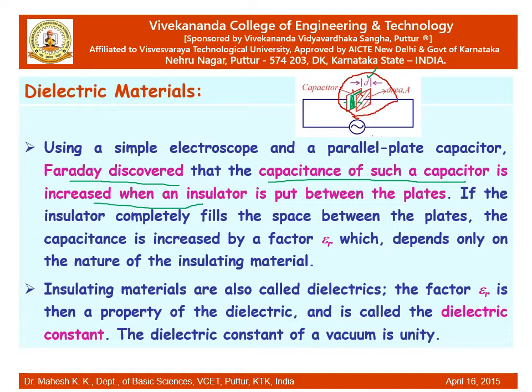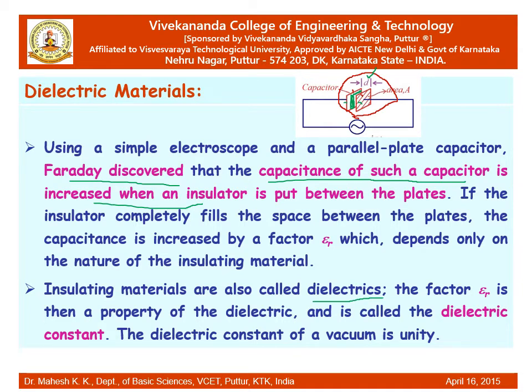If the insulator completely fills the space between the plates, the capacitance is increased by a factor epsilon r, which depends only on the nature of the insulating material. Isn't it interesting? Insulating materials are also called dielectric materials, so they are nothing but the dielectrics.